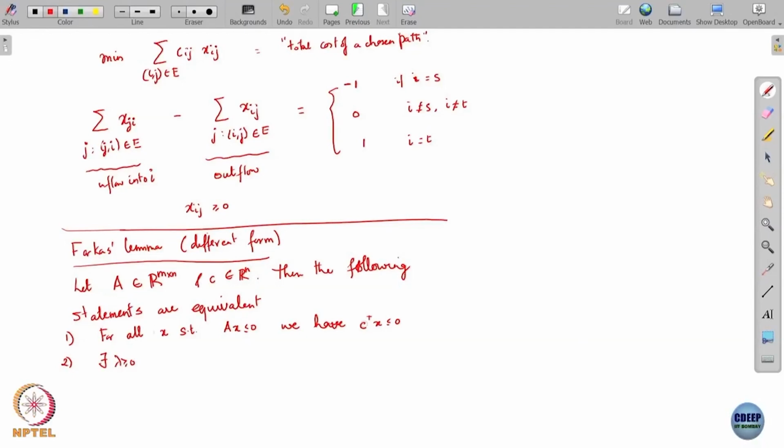So, the Farkas lemma is saying that there are two statements that are equivalent. The first statement is that for all x such that A x is less than or equal to 0, we must have C transpose x less than or equal to 0.